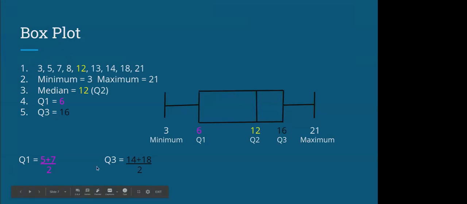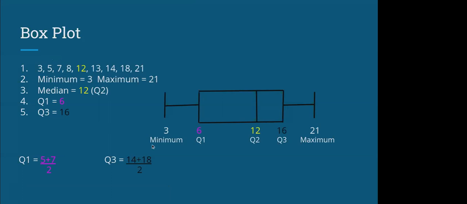Or maybe in your notes, you put a bracket and write "average" or something like that. Whatever is going to help you remember how to construct a box plot. That's what I want you to put in your notes.